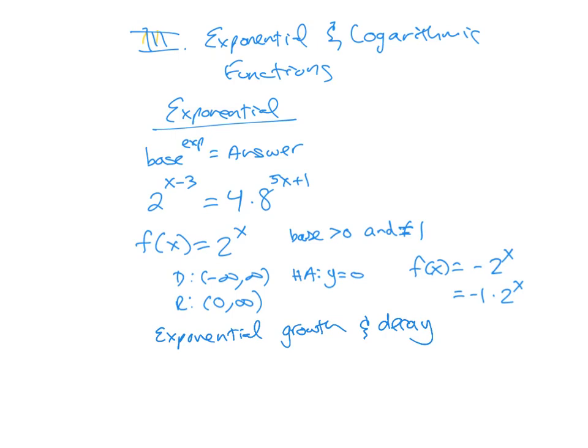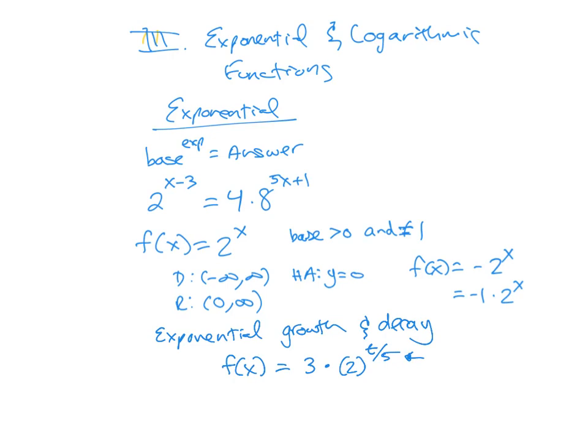If we have 3 times 2 to the t over 5, this would be a doubling time problem where the doubling time would be 5. I haven't told you the unit of time, so it could be 5 days or 5 years, depending on the context of the problem.